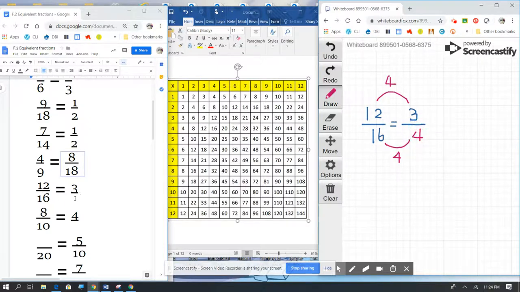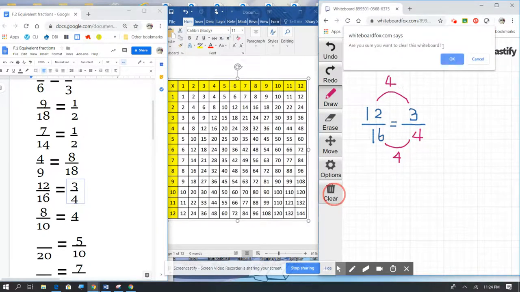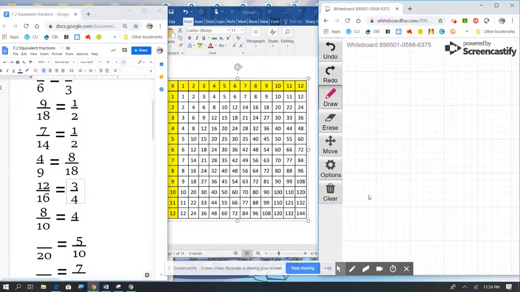So you can put 4 here. Okay, next one. We also can see here, let's try 12, 16. 12, 16 is 3 and 4, right?